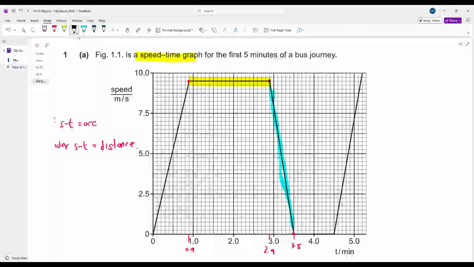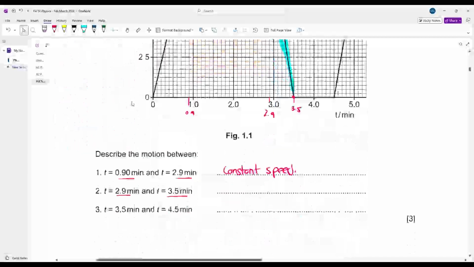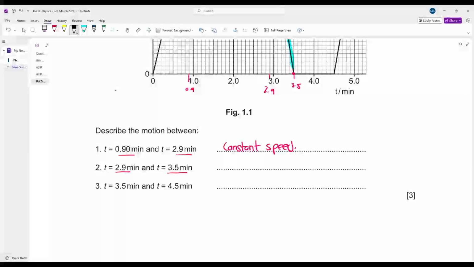Can you realize beta आपकी velocity decrease हो रही है and the velocity is decreasing at a constant rate? That means constant deceleration हो रही है. That means you have constant deceleration. You can write it here. From time t is equal to 2.9 till 3.5 minutes, you have constant deceleration.